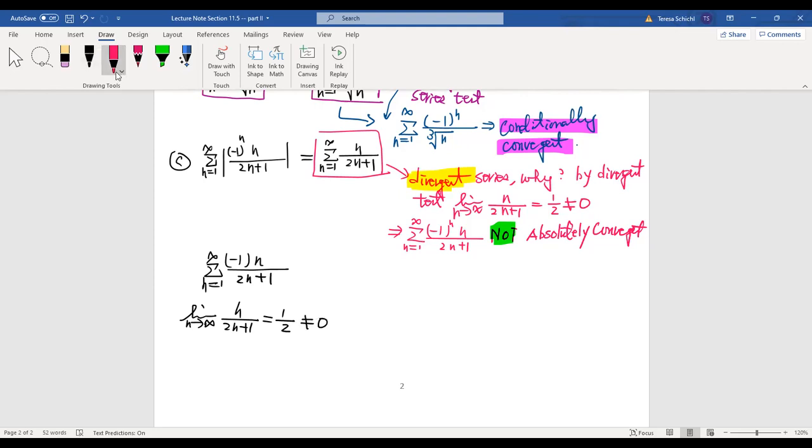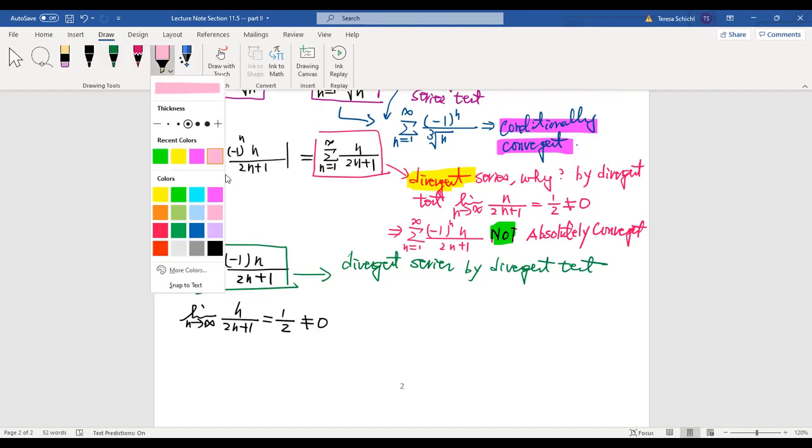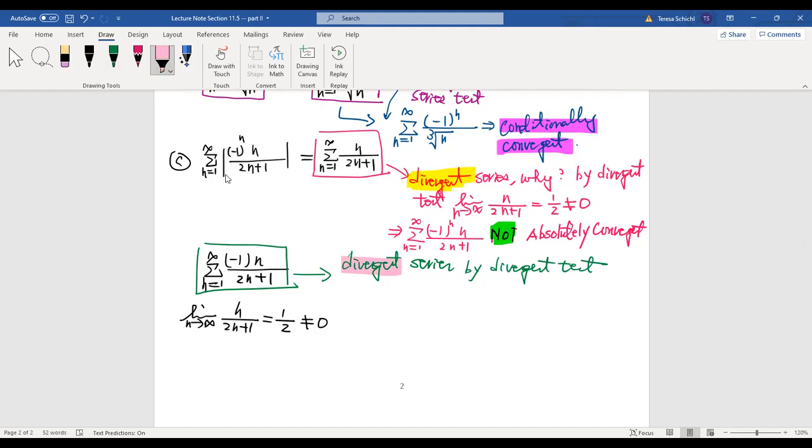So this is a divergent series again, by the divergence test. So this is divergent, and it's not absolutely convergent.